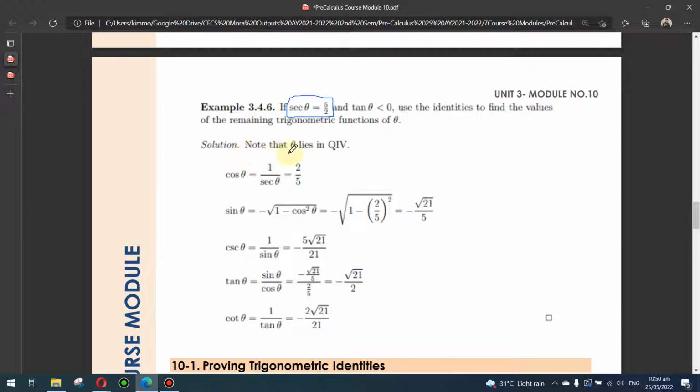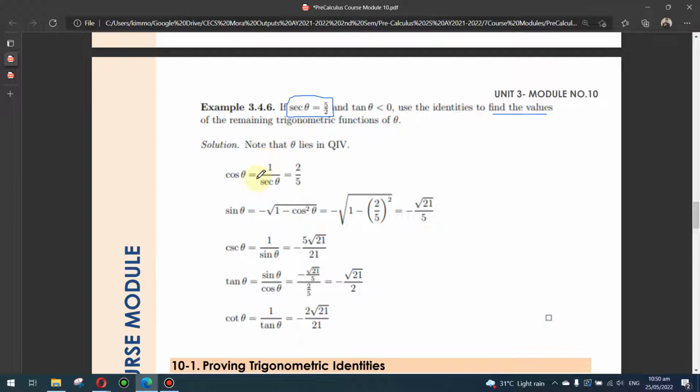So, we know that our theta lies at the fourth quadrant. So, unsay pangitaon? Find the values of the remaining trigonometric functions. So, there are 6 trigonometric functions and given taog isa, no, which is the secant. So, pangitaon na to ang 5 ka trigonometric functions, the other 5.